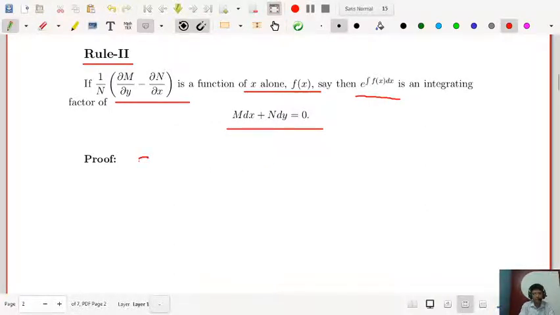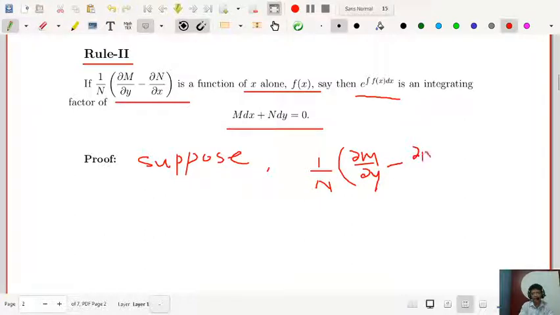Suppose, let me give you a hint for how to prove that. Suppose 1 by N (del M del y minus del N del x) equal to f(x). This is your assumption.